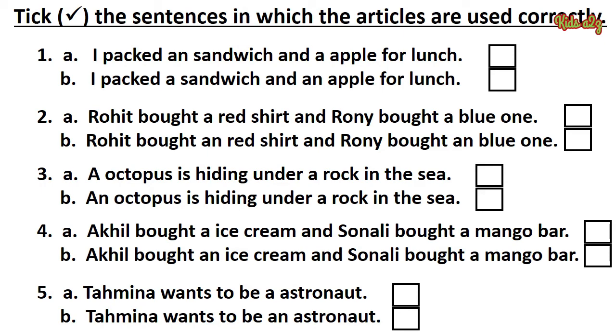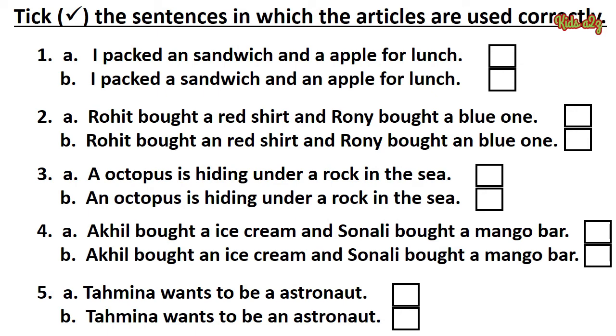Question number 3, option A, a octopus is hiding under a rock in the sea. Option B, an octopus is hiding under a rock in the sea. Here option B is correct. Question number 4, option A, Akhil bought a ice cream and Sonali bought a mango bar.